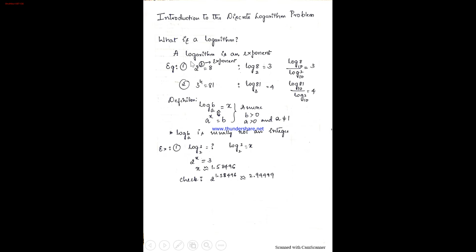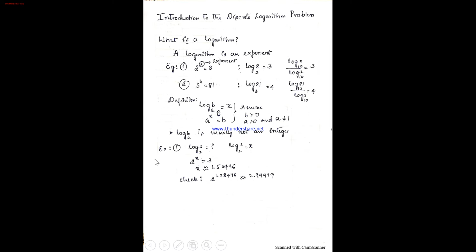One more example: 3 raised to 4 is 81. Log 81 to base 3 will give you 4. So the definition is: log b to base a is equal to x.